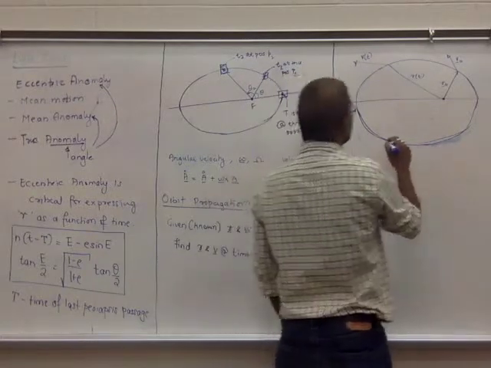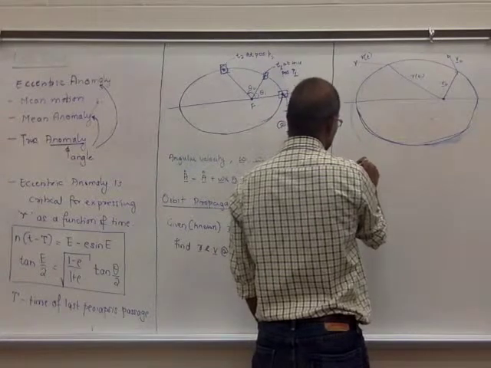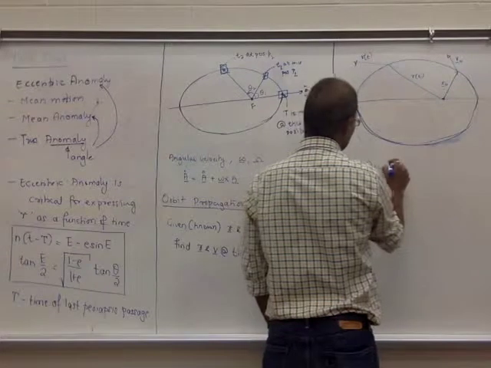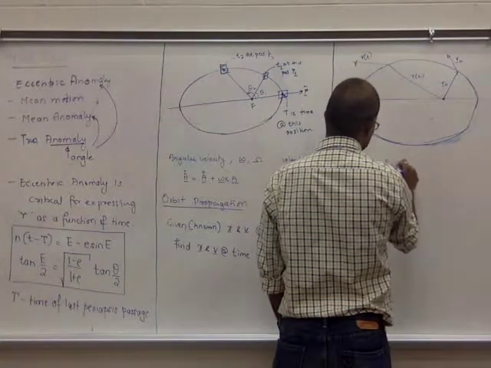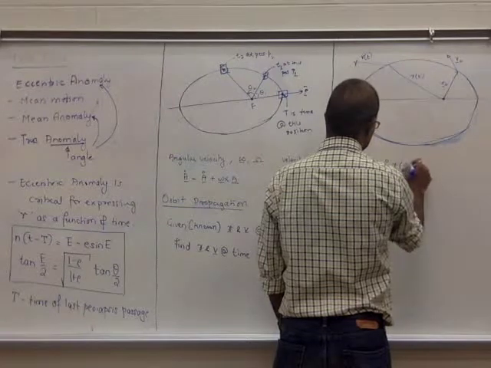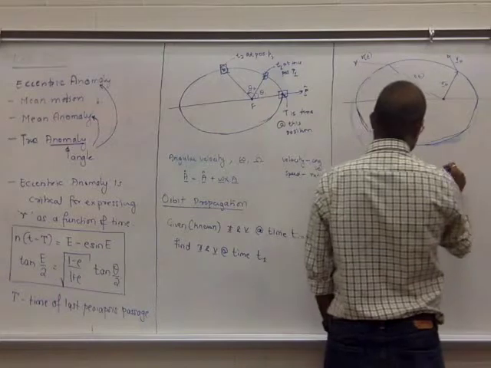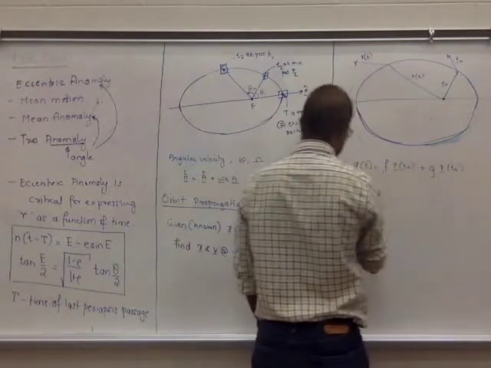So what I told you on Tuesday: r at time t can be expressed as f times r naught plus g times velocity at time t naught.